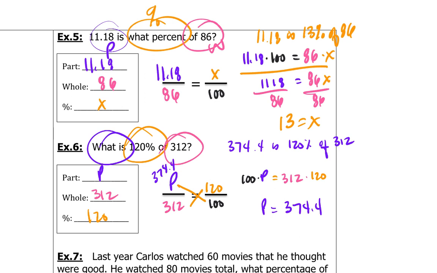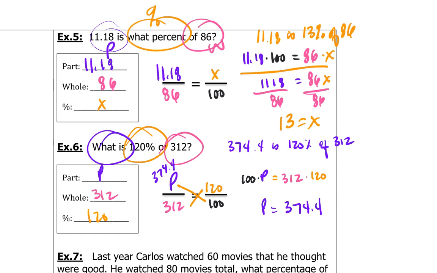Okay, so what you're doing here, if you look, you've set up a proportion, you've done the cross product equation. I've shown you once where you could just solve for the variable, and you could have done that on either one of these two. But when you're trying to find the whole, you're really better off to do the cross product equation.